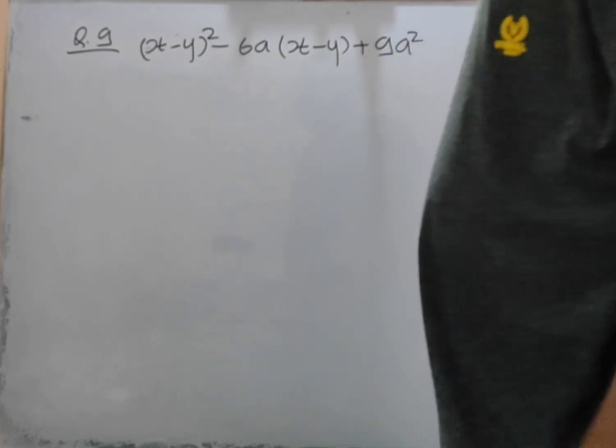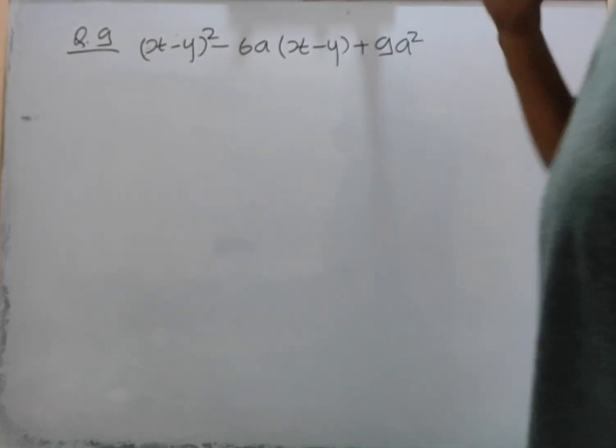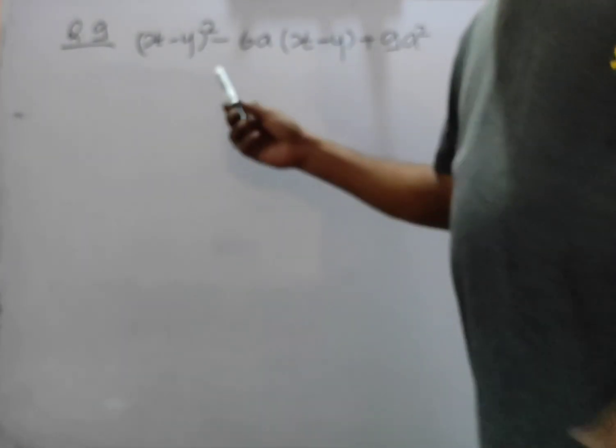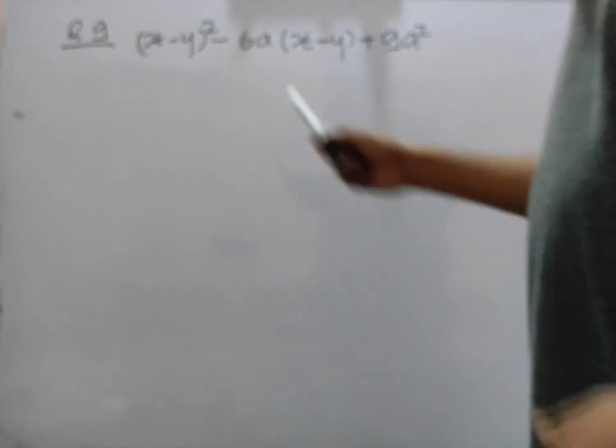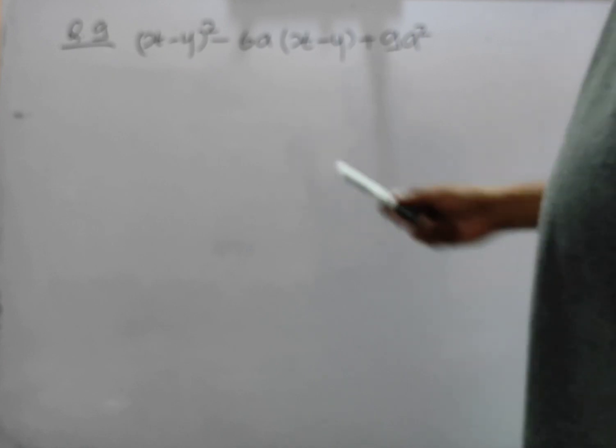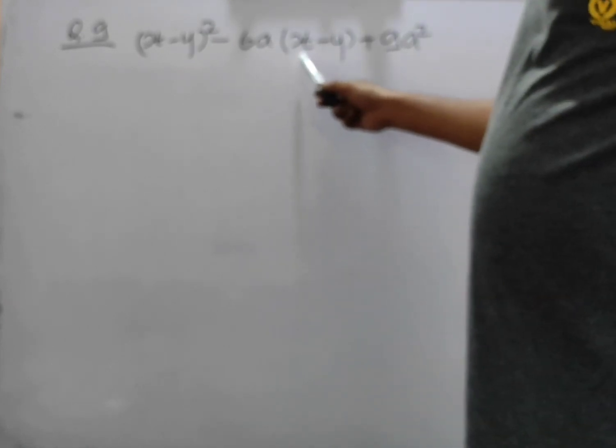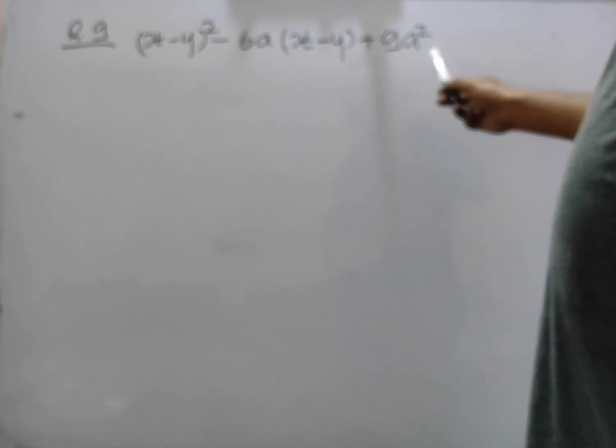Fine. We have the question (x minus y) whole square minus 6a into (x minus y) plus 9a square.